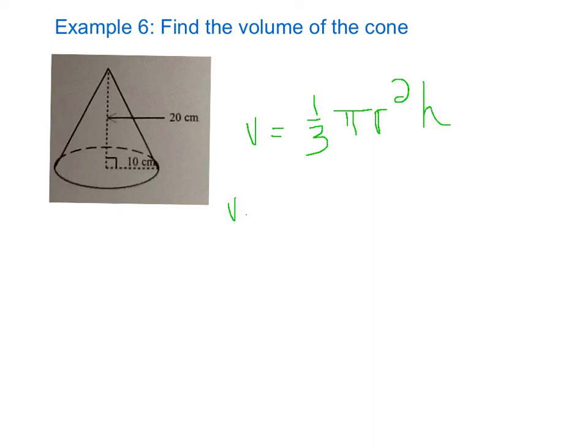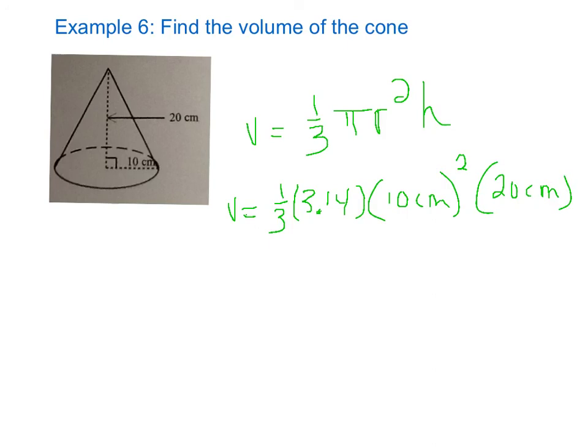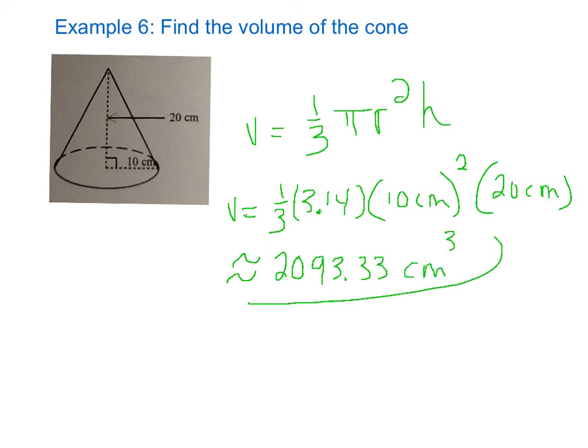So when you plug this in, we've got 1/3 times 3.14 times the radius squared, the radius is 10, times the height of the cone, which is 20 centimeters. When you calculate this, we get approximately 20,093.33 centimeters cubed. Volume is always measured in cubic units.